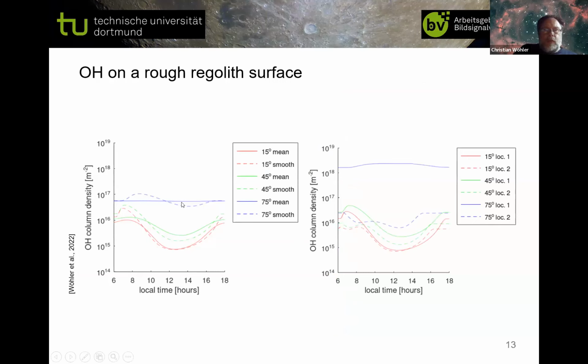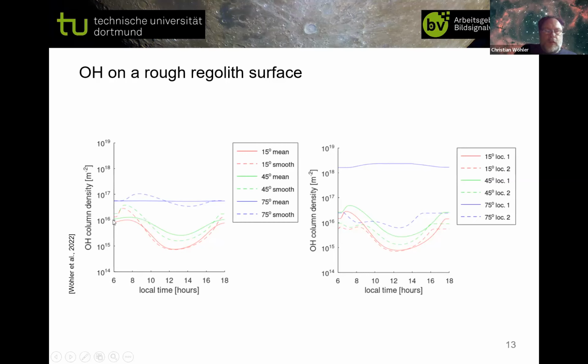Just as a comparison, smooth versus rough surface: here we see the mean OH column density for the surface segment, converted to column density in meter to the minus 2. The solid line is the rough surface, and the dashed lines are the smooth surface. At low latitudes, smooth and rough surface are on average not too different, so solid and dashed lines are nearly the same.